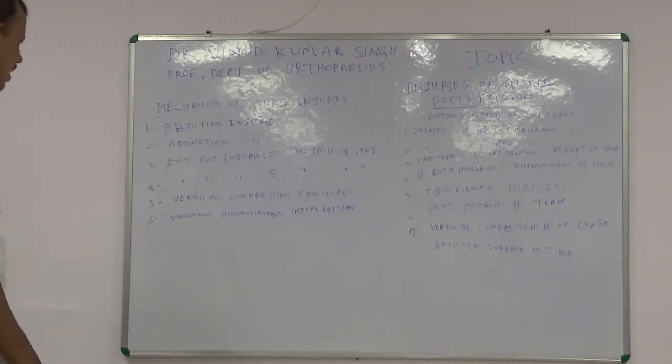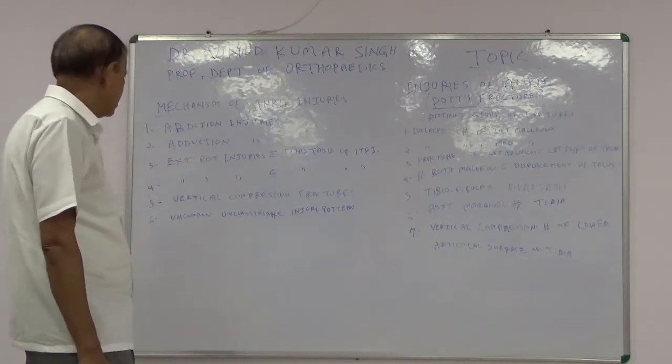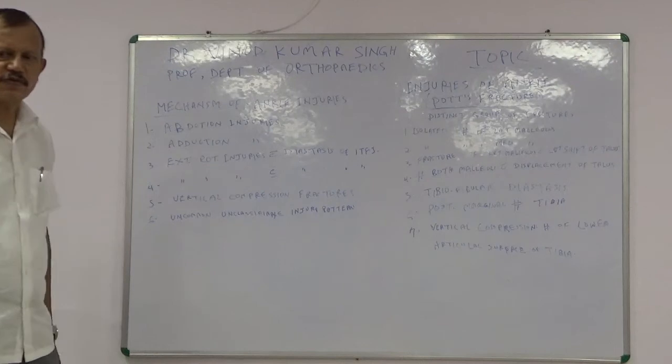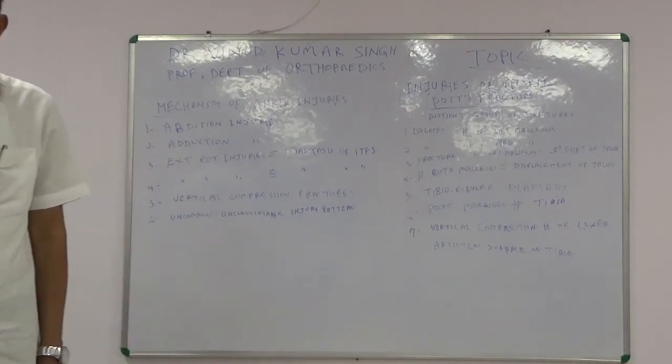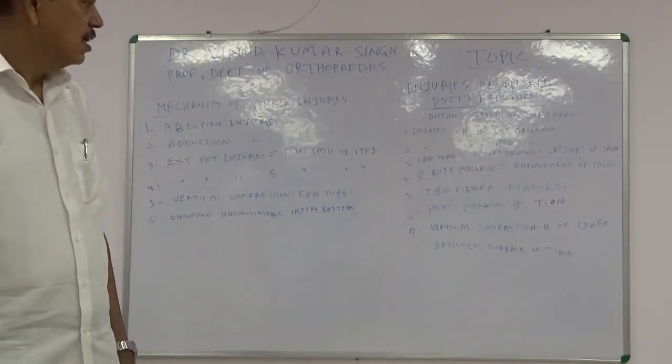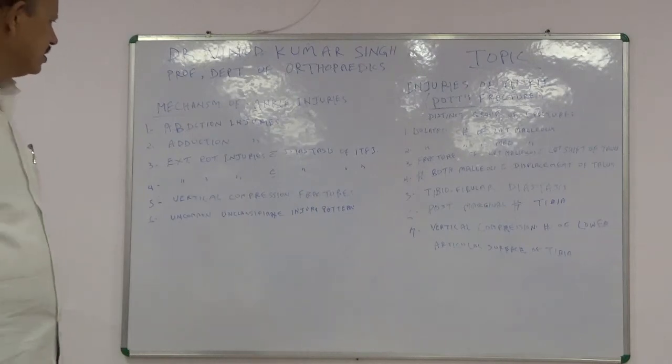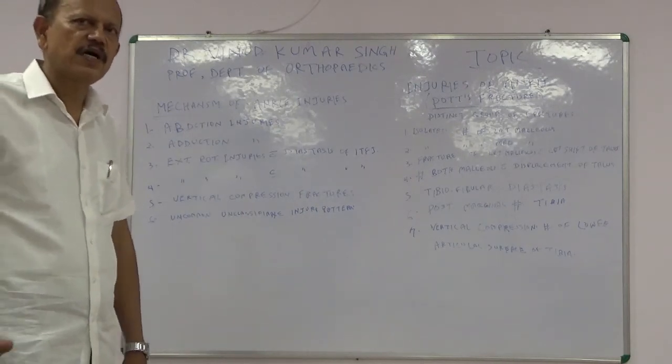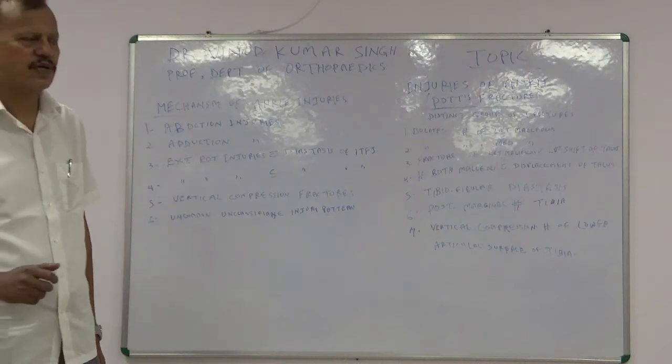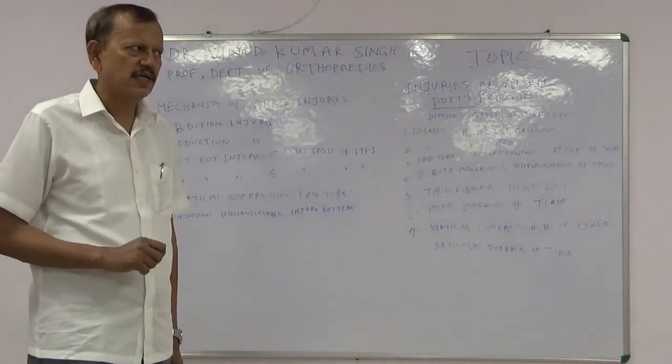Vertical compressive fractures are uncommon, and they can occur because of a fall from a height, where the articular surface of the talus is crushed. But more commonly the talus escapes, because a fall from a height commonly causes a fracture of the calcaneum, and a fracture in the spine.